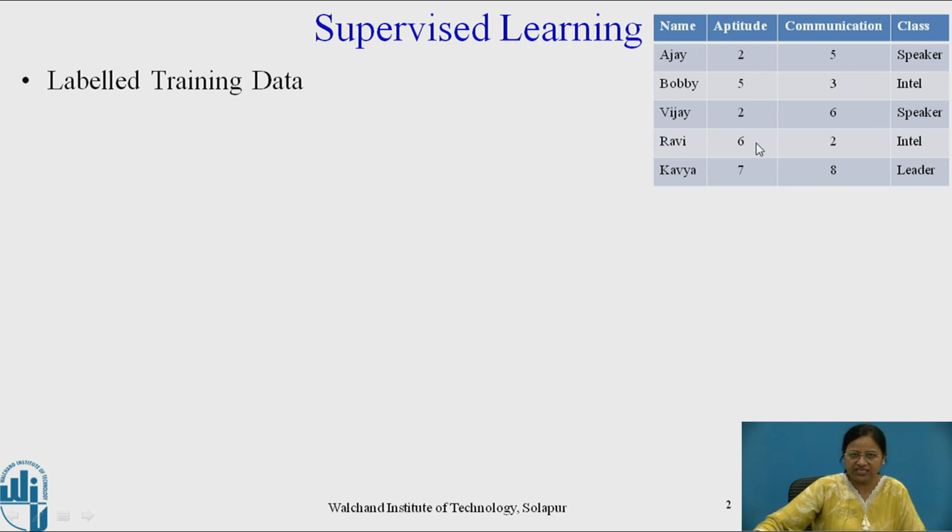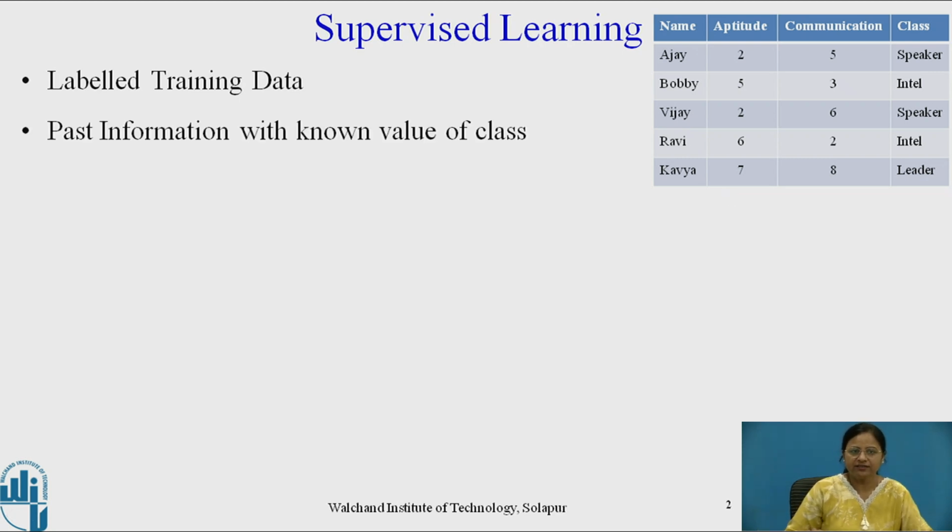In this case we can say this is labeled data, because here the input variables are name, aptitude and communication, while the output variable is the class, that is the final output, whether the student belongs to the leader, speaker or intel category. This type of data set is called a labeled data set or labeled training data.